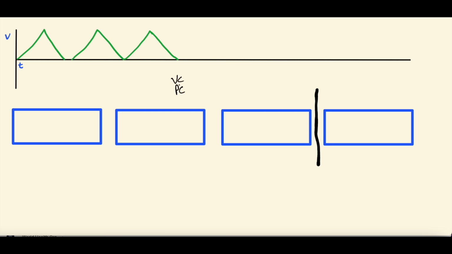So in these two different modes of ventilation, the difference in what you set is in volume control, you set a tidal volume, and in pressure control, you set an inspiratory pressure. And what this means is the thing you're not setting in that mode is the uncontrolled variable.